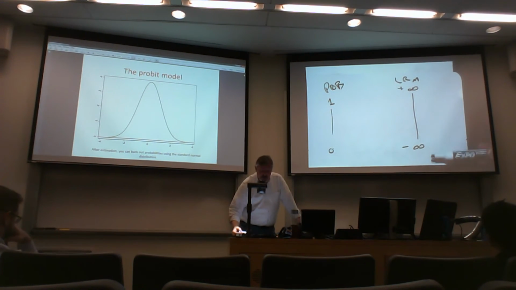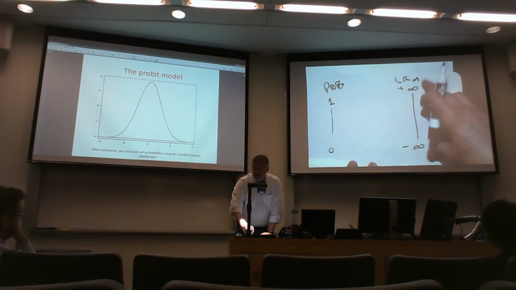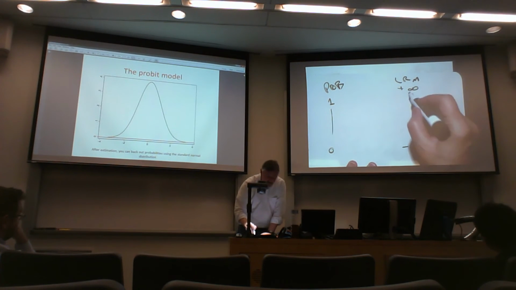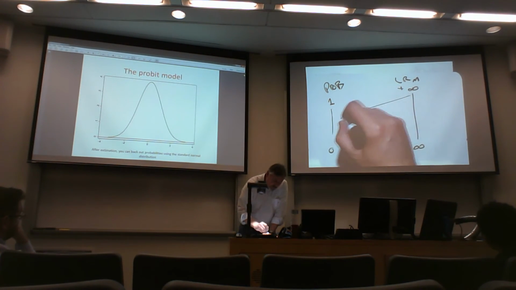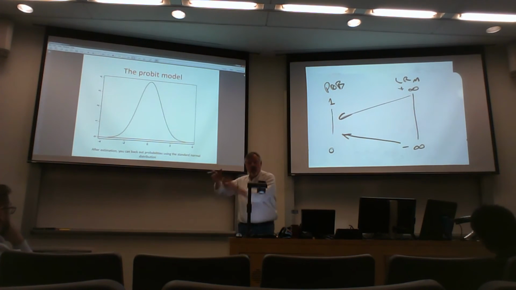So since you're going to get potentially any of these numbers out of your regression, you need some way to map, to translate the real number line, this range of numbers, onto this range of numbers. A function that will translate between the range 0 to 1 and the whole real number line.